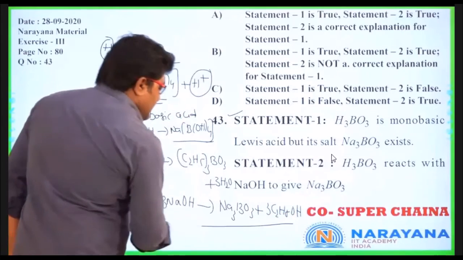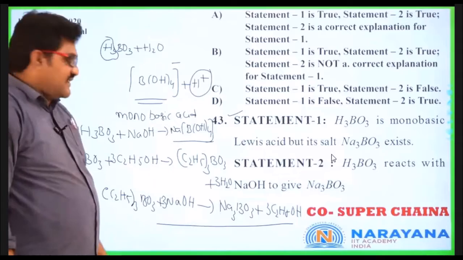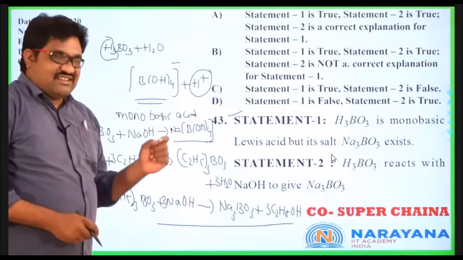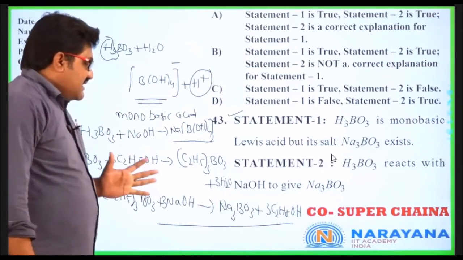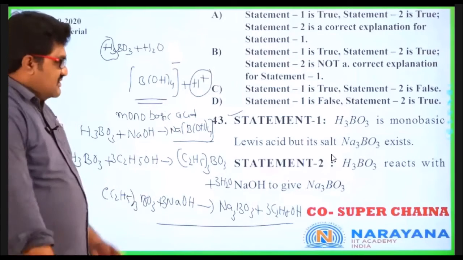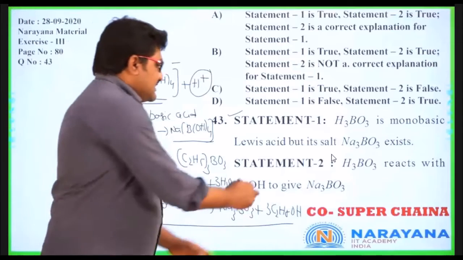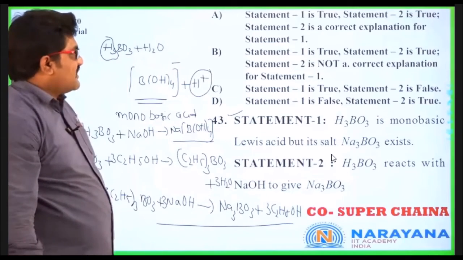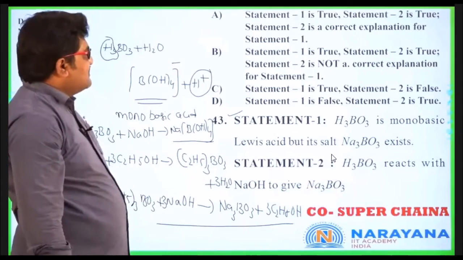This is the indirect reaction for the formation of Na3BO3. It does not form Na3BO3 when H3BO3 directly reacts with NaOH. So statement 2 is wrong.